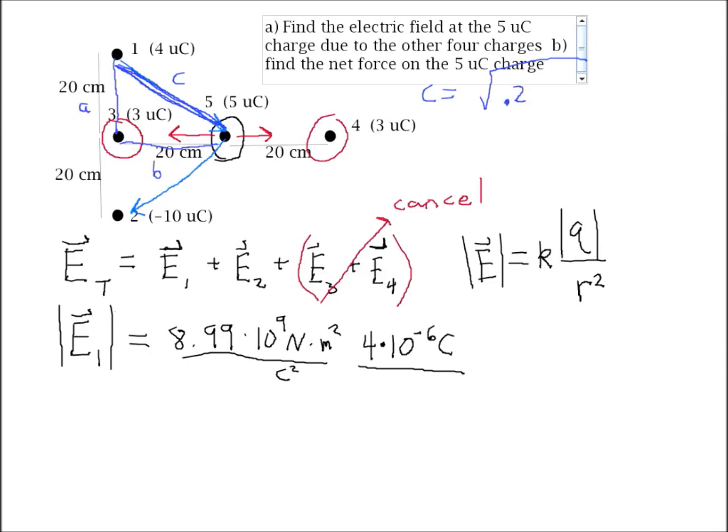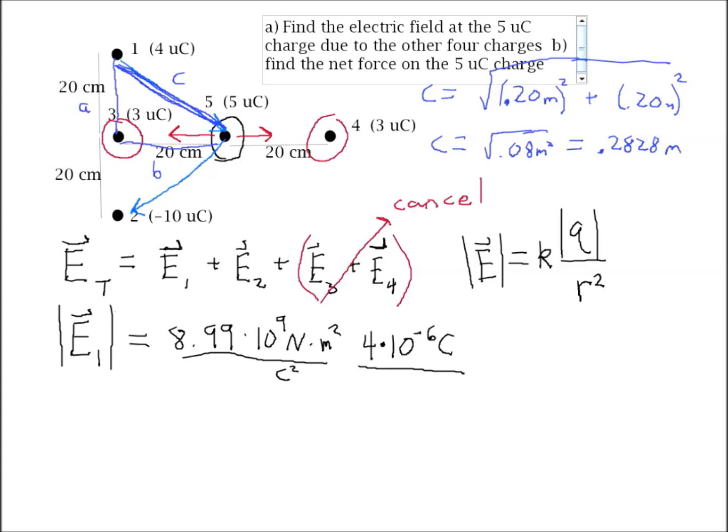Converting from centimeters to meters, I have 0.2 meters squared for side A and 0.2 meters squared for side B. When you square those, add them, and take the square root, you get that side C is equal to the square root of 0.08 meters squared, which works out to be 0.2828 meters.